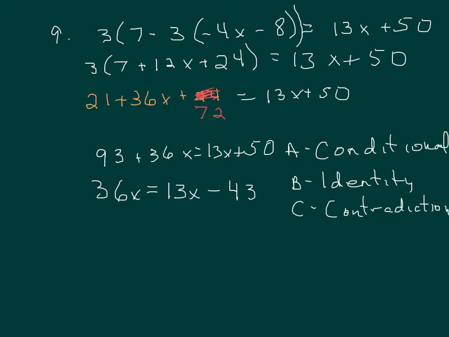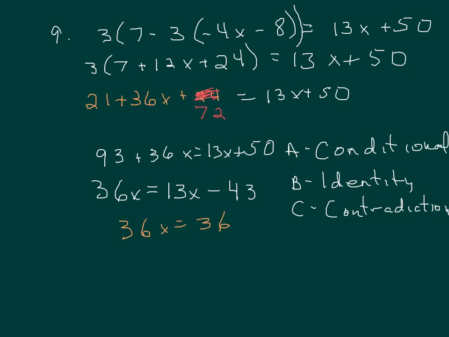I'm not sure how you got this, but after you did that, you didn't get 43. What you got was you subtracted 93 from both sides, and you got 36x equals 36. Not sure what you did there.